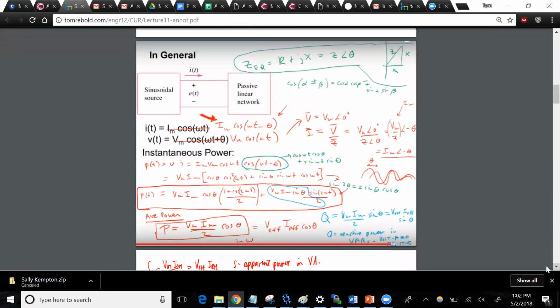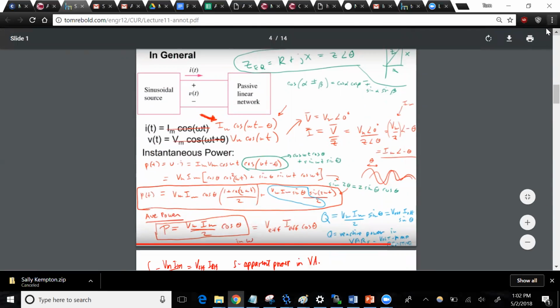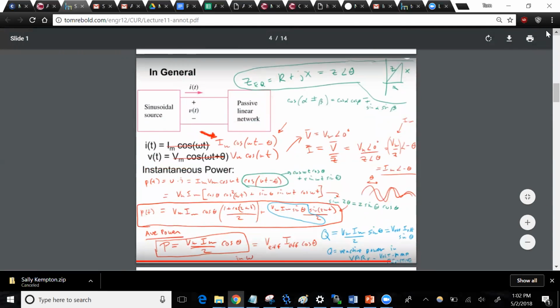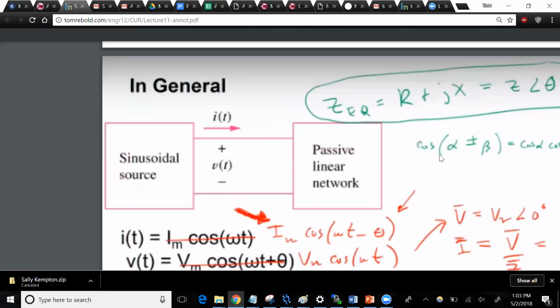This is another one where I think I ran out of time. Well, there was this thing too that I had to switch on mine, or did we do this one? Did we get this one through already? So the point is, in general, with some passive linear network of inductors, capacitors, resistors, you're going to get an equivalent impedance, which you actually measured yesterday in the lab, which is kind of cool.